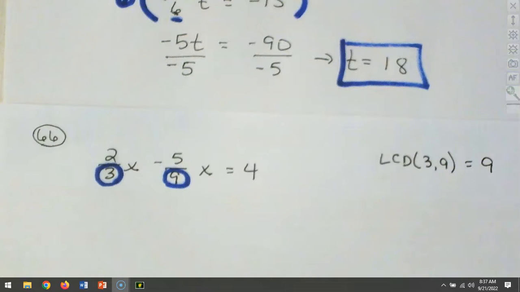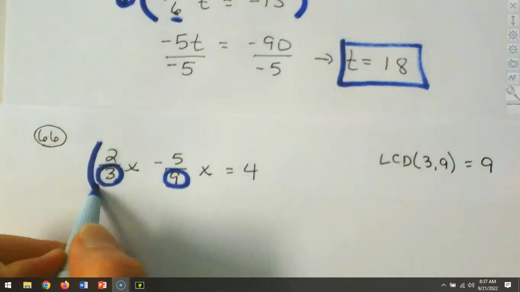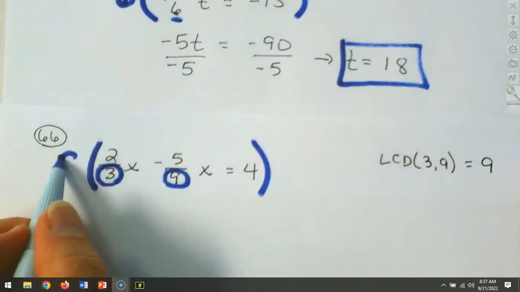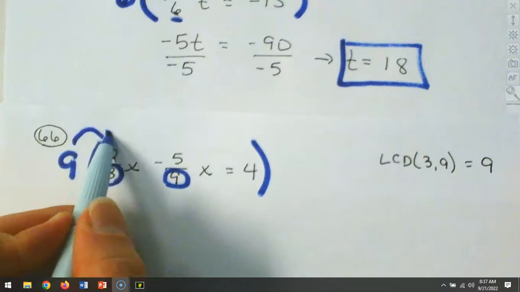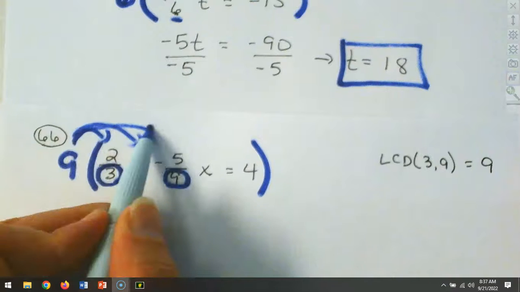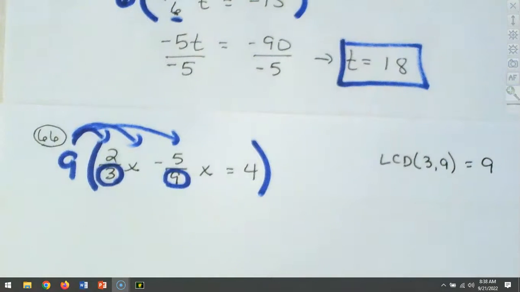So our least common denominator is a 9, and we're going to multiply every part by a 9. What happens is we divide by the number down below in the denominator and multiply by the number on the top in the numerator.